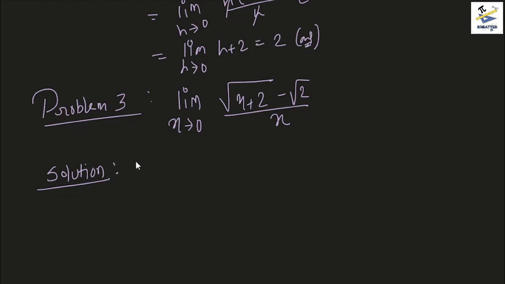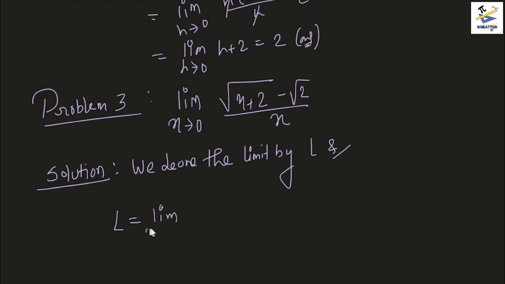Okay, so we denote the limit by L, and therefore L should be equal to the limit as x tends to 0. It's always a good idea to give a name or a variable representing our limit.